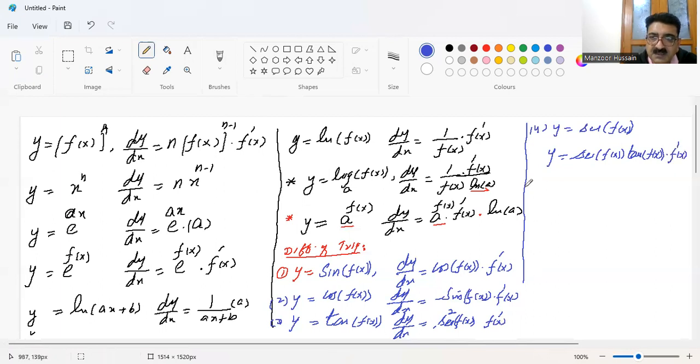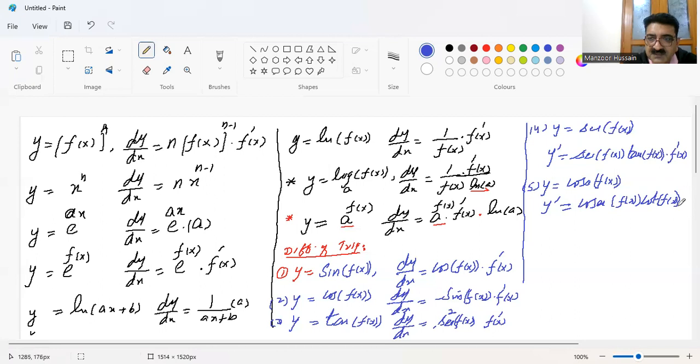And number 5, the derivative of cosecant of f(x), which is y prime, is equal to cosecant of f(x) into the cotangent of the same function into the derivative of the function.